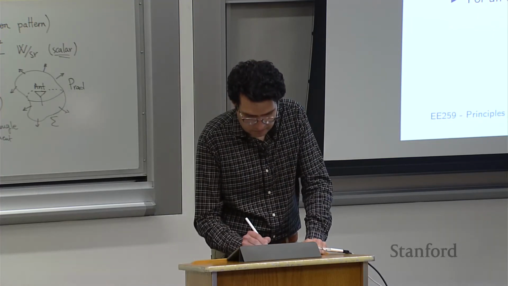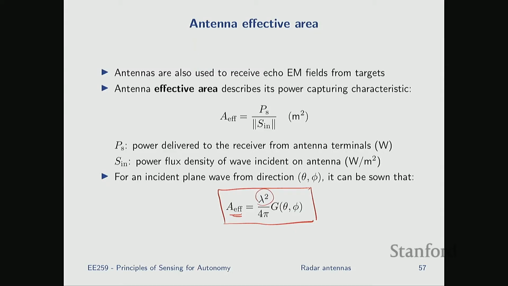And then your effective area would be given by wavelength squared divided by 4 pi times the gain pattern of the antenna. So it depends on the direction that the echo is coming from. You don't have a constant effective area. It's a function of theta and phi, because you don't have, except if your antenna was isotropic, where G wouldn't depend on theta and phi, but for every physical antenna, your power capturing efficiency depends on the angle of incidence of the return echo. Okay.